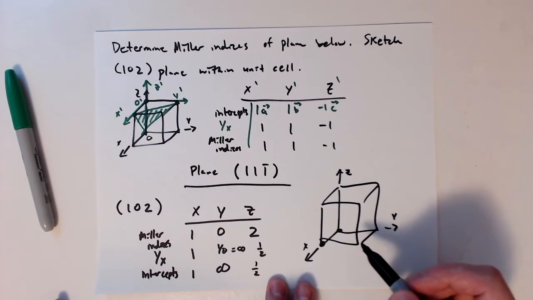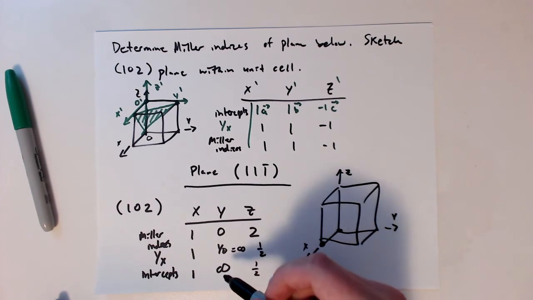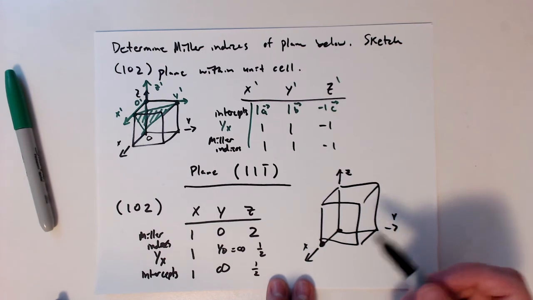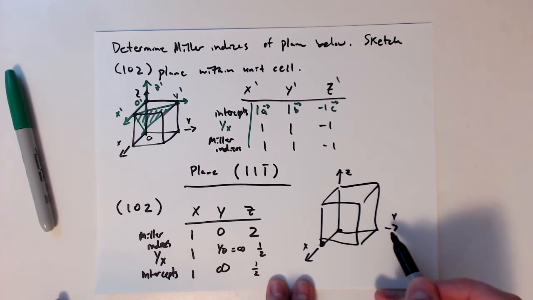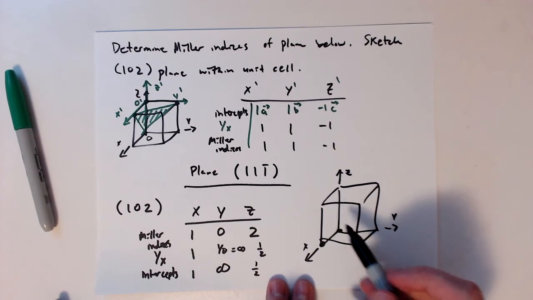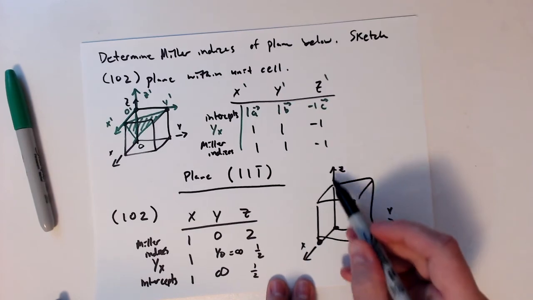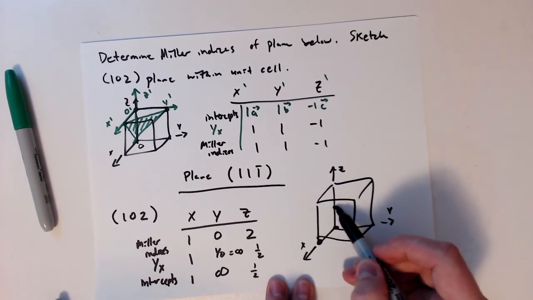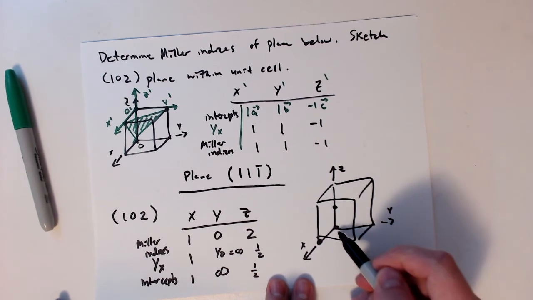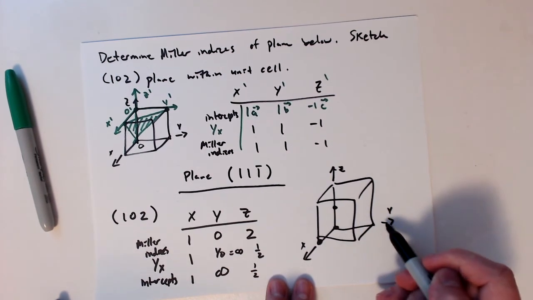It intercepts the y-axis at infinity, which means it doesn't. So I'm not going to draw a point there because it never crosses that line. And then z, it intercepts at 1/2, so it intercepts this at 1/2 the value. So right here. So I have 2 points, and I know it doesn't cross or intercept the y-axis.